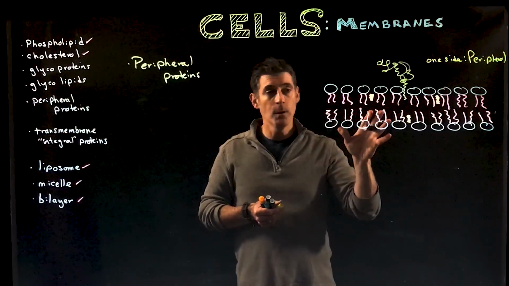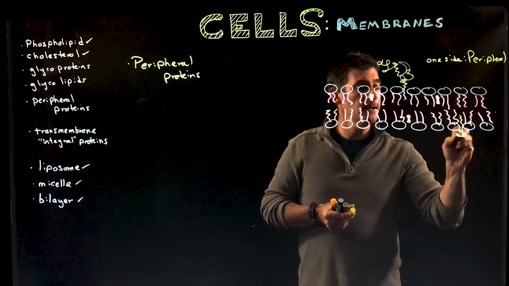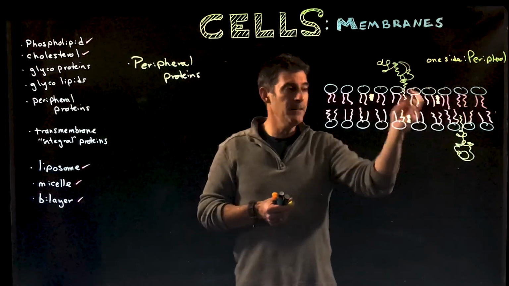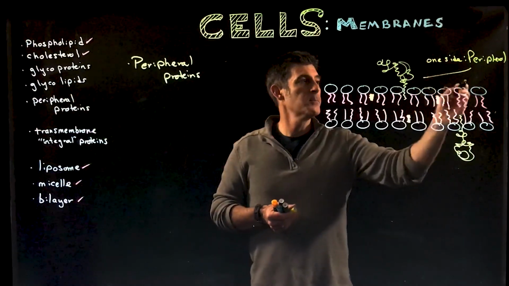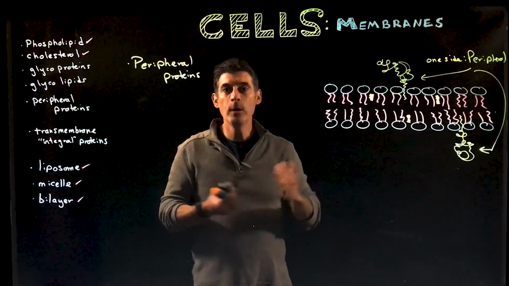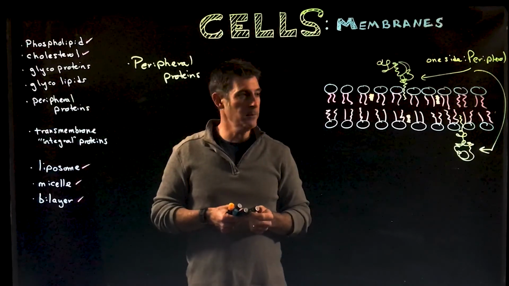But they only occur on one side, but they could occur on either side. So we can have peripheral proteins on this side, or this side. So there could be peripheral proteins on either side of the membrane. That's peripheral. It's not only one side of the membrane. They could be on either, but they do not travel all the way through.